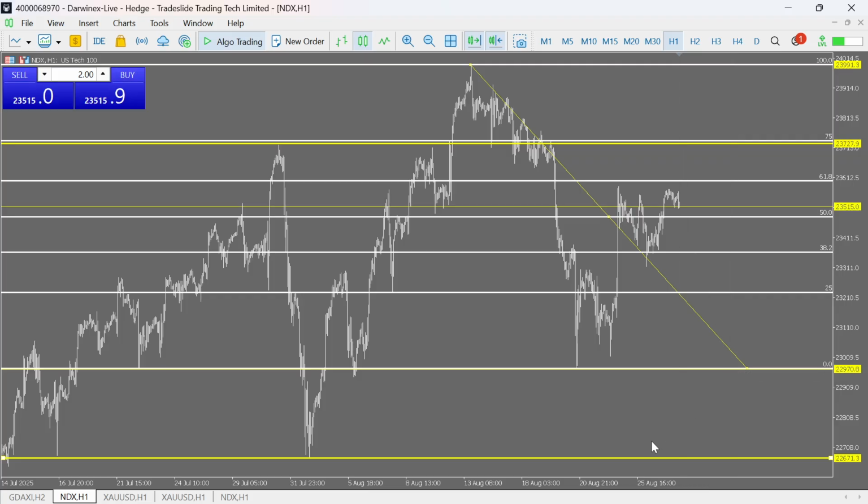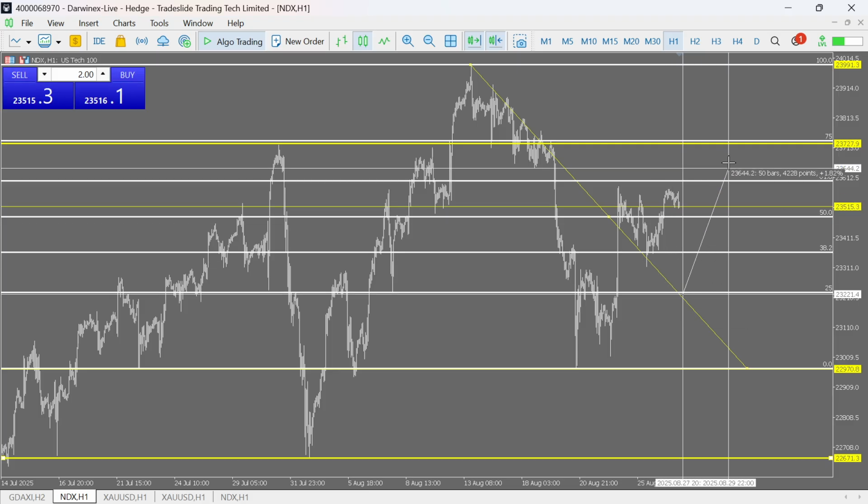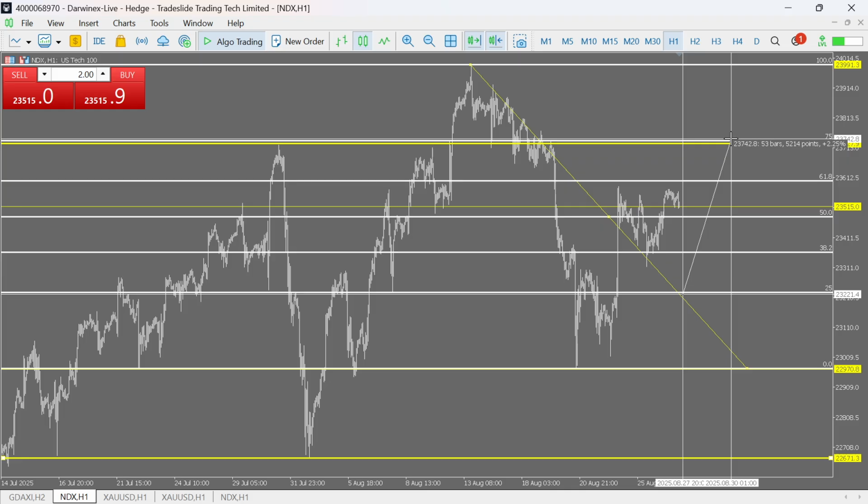You always let your winning trade fly. Don't cut it short. Here I take some profit and let the other one fly because there's a probability that it bounces from here. Why did I say that? The natural tendency of the trend on the NDX is to the upside.